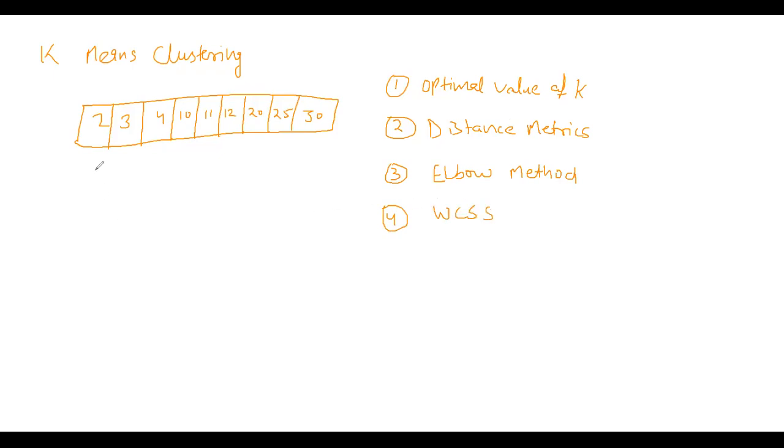So let's start with assigning a random value of K. Let's say I want to split all of the data into two clusters. So my K will become 2 and I have to choose two numbers to assign as centroid values. I'm taking one centroid value as 5 and another as 18.